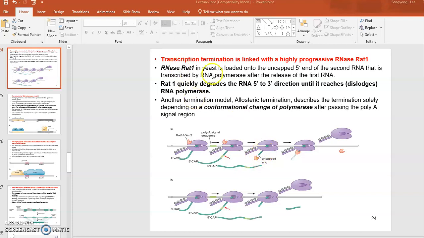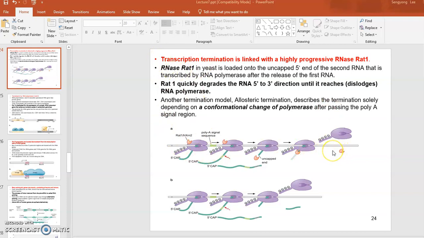At that time, Rat1 comes along and gets rid of the RNA transcript that's coming off from RNA polymerase. Since it keeps chewing on, that gives a kind of signal for RNA polymerase: I'm doing something wrong, and I should not make this RNA transcript that's just being degraded right away. So RNA polymerase recognizes that as the end of the transcription, and it just falls off. That's Rat1-mediated transcription termination.